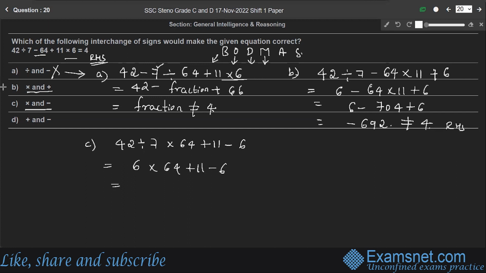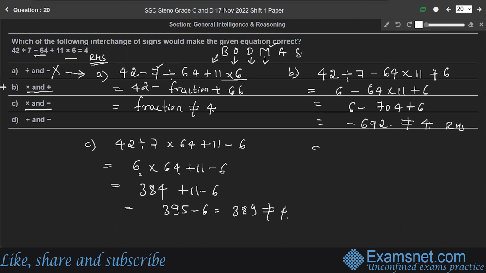After division, multiplication comes according to BODMAS rule. 6 into 64 is 384, plus 11 minus 6. 384 plus 11 is 395, minus 6 is 389, which is not equal to 4.